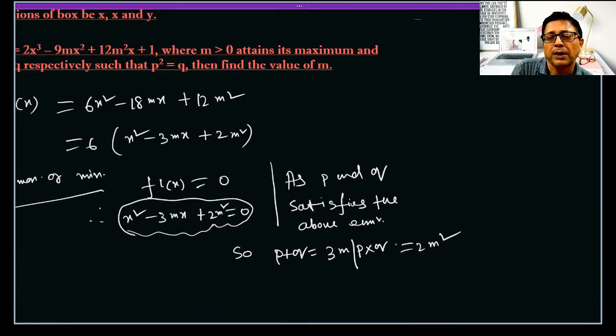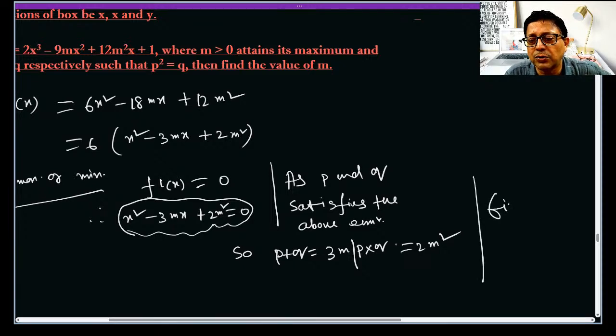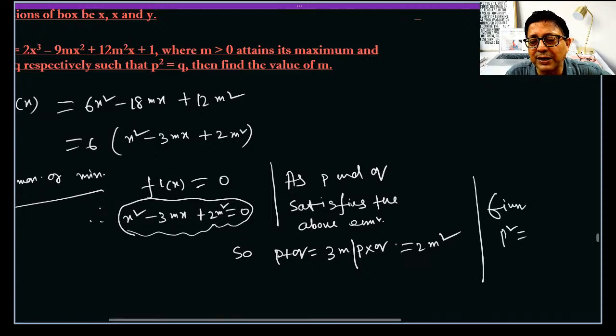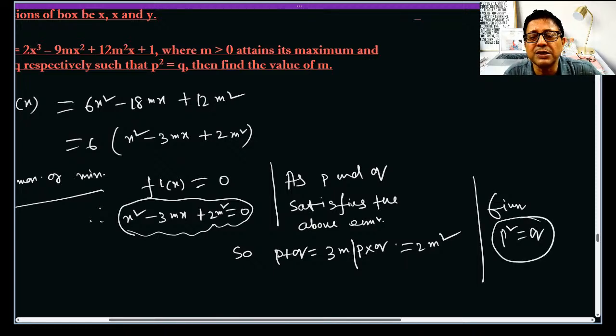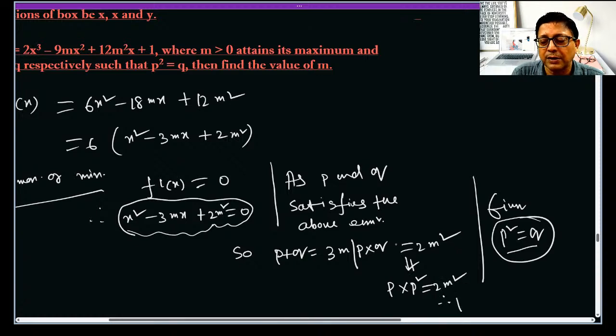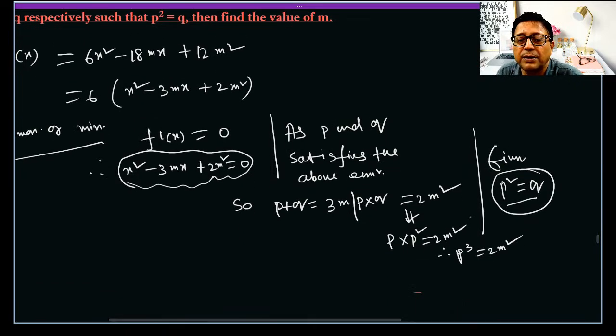But now it is given, given also this thing, given p square equal to q. You can use this to get the value of m. How to? You take this value of q and substitute here. P into p square is 2m square. So pq is 2m square.